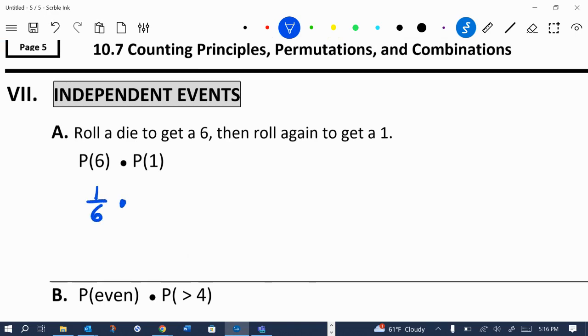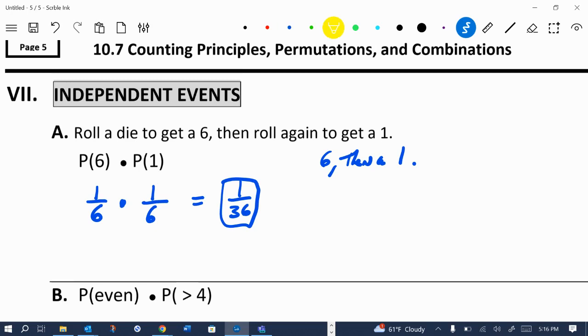And we're going to multiply that times the chance that on the second roll we get a 1. So that becomes a 1 out of 36 chance. Think of it as a 6, then a 1. You only have 1 chance out of 36 possibilities that you would get that. And here the difference is that you're multiplying when they're independent events.